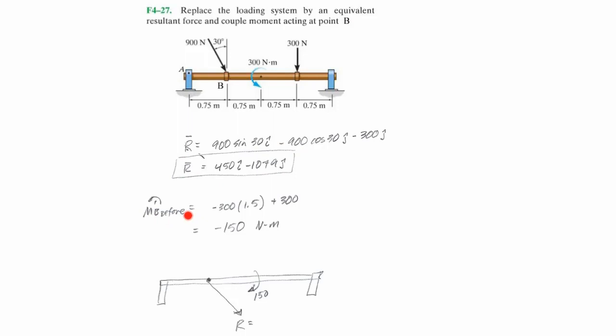However, the moment before, when I do this force goes through B. This is going to be the lever arm for this one, so it'll be 300 times this lever arm going in the negative direction, adding the 300 in, I get a total moment before is equal to 150. So in this case I have the resultant, which is that, and then I have a negative 150 moment going in that direction. Here's going to be my equivalent system.